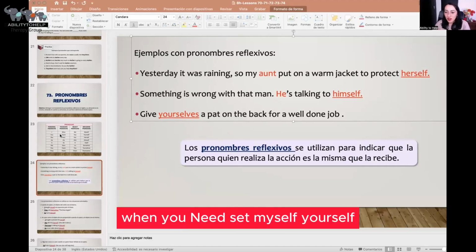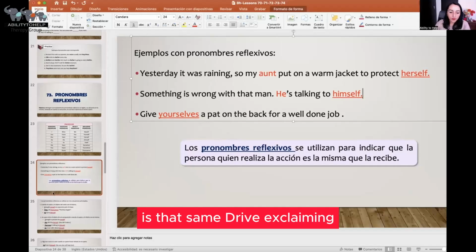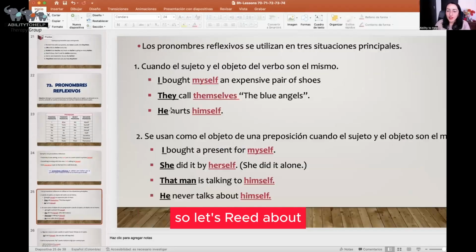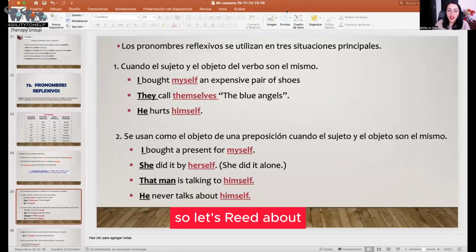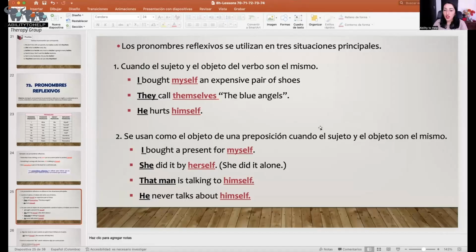When you need to say myself, yourself, it is the same as I explained to you. So let's read about the reflexive pronoun. The reflexive pronoun is used in 3 different kinds of situations. So the first one, when the subject and the object are the same.